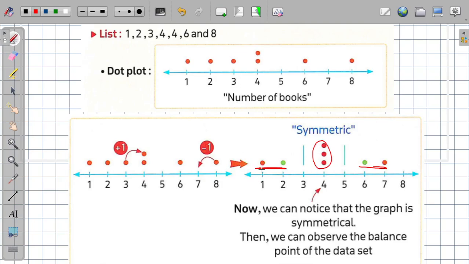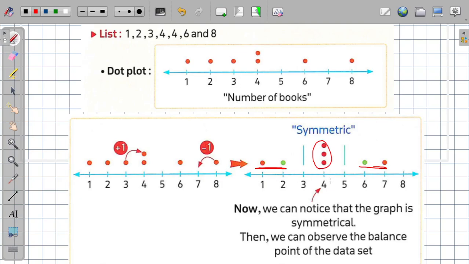I have 2 dots at 1 and 2 and 2 dots at 6 and 7, and I don't have any dots at 5 and 3, and I have 3 dots at the number 4.